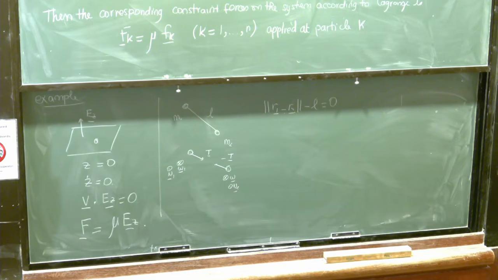Any ideas? I will give you a hint that this magnitude can be written in terms of a dot product: R1 minus R2 dot R1 minus R2 minus L squared is equal to 0. So then how can I write it in terms of velocities?